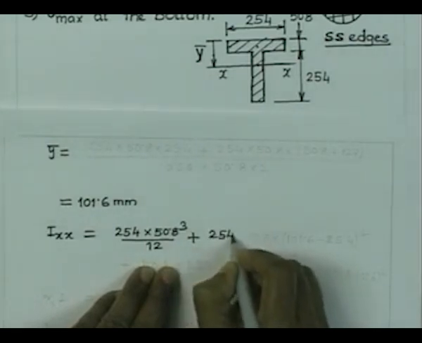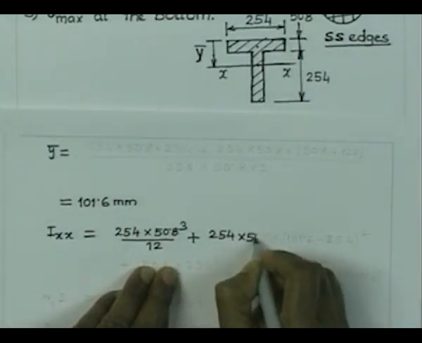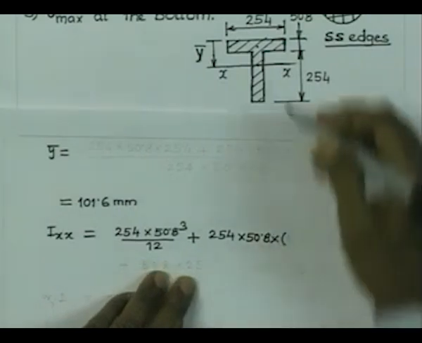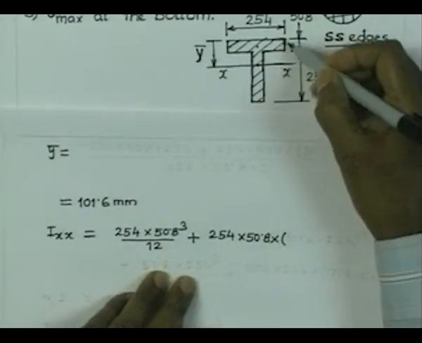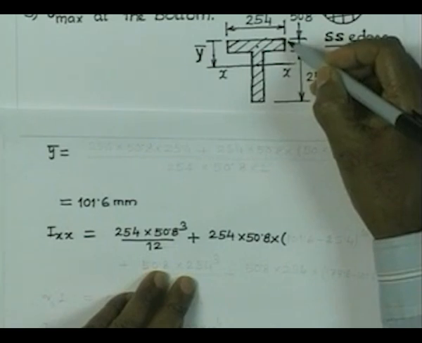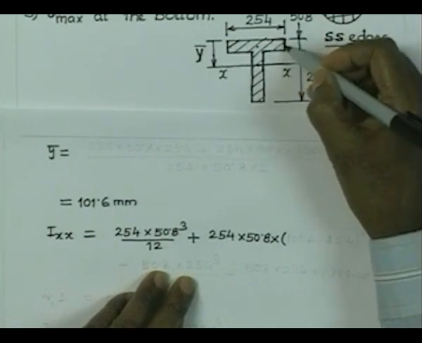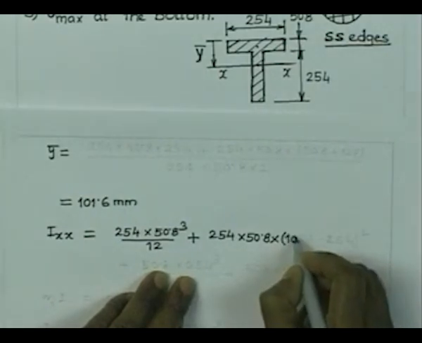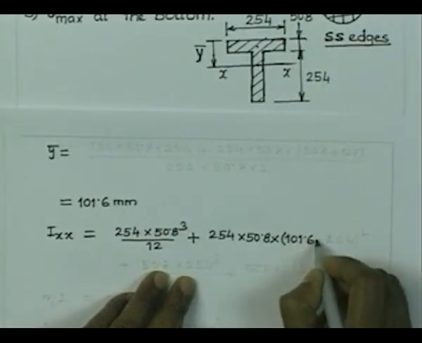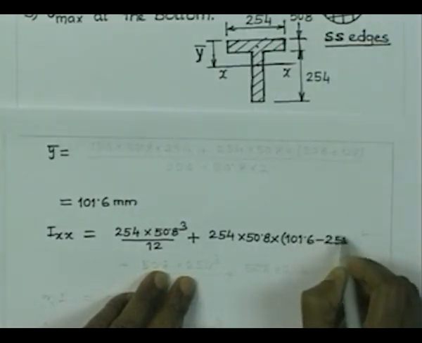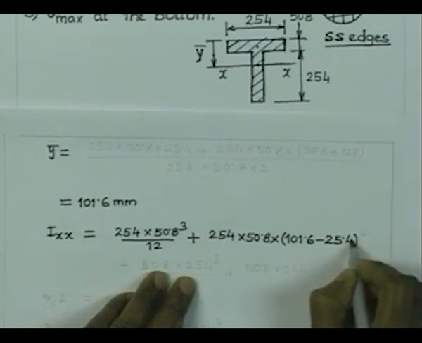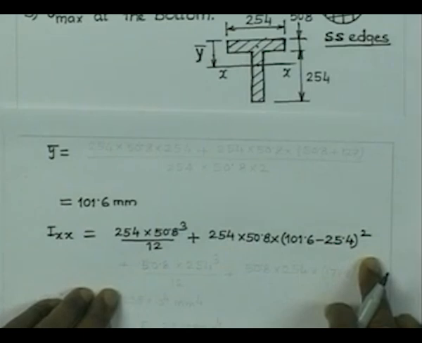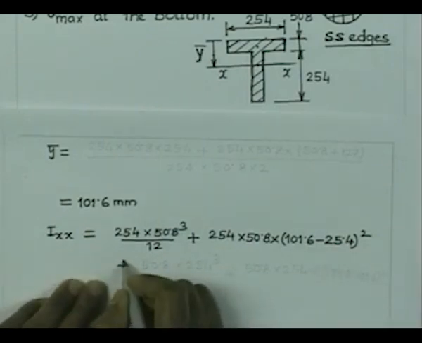So, it is 254 multiplied by 50.8 multiplied by the distance, which is 101.6 minus 50.8 by 2, that is 101.6 minus 25.4, the distance between the two CGs. This is the contribution of the parallel axis theorem.